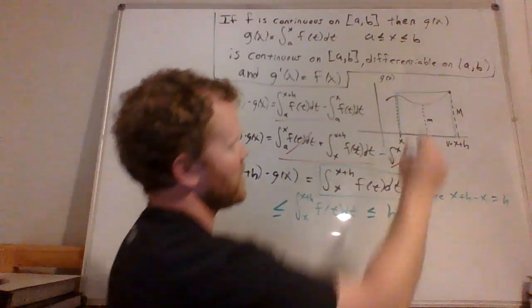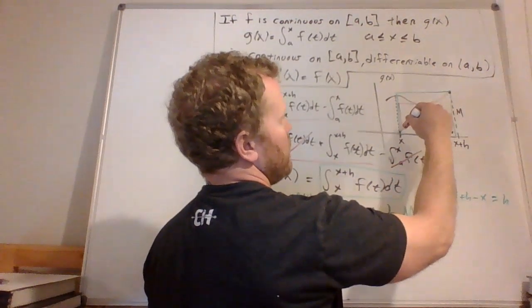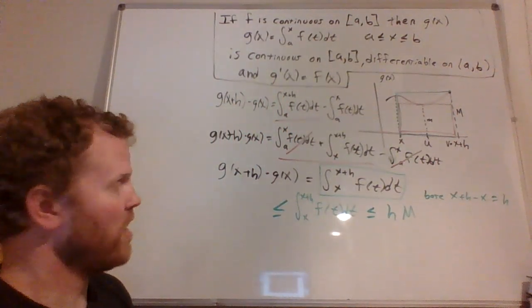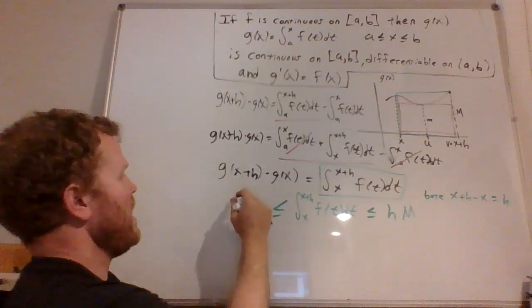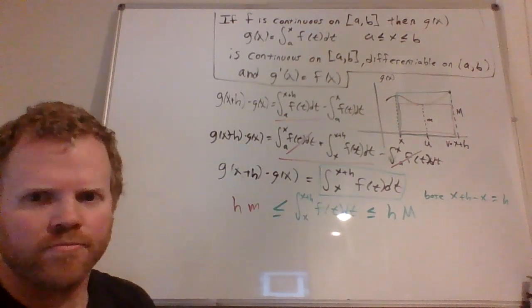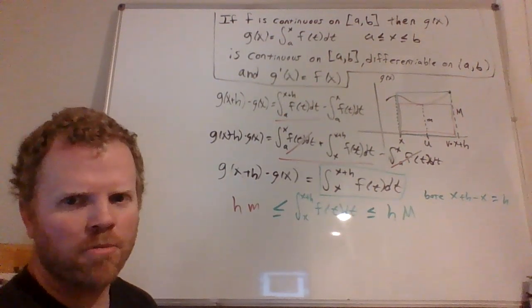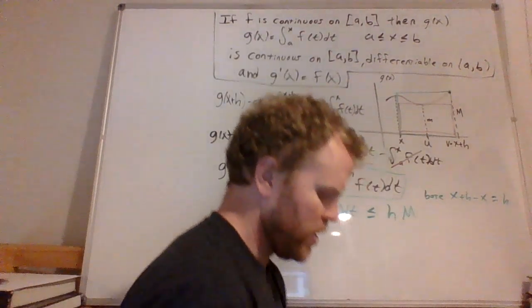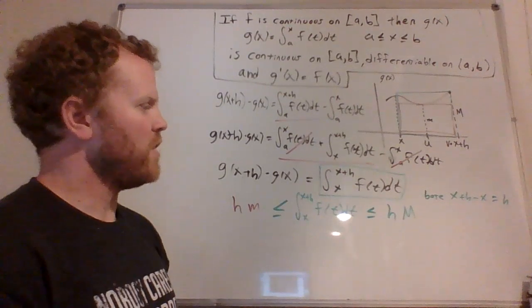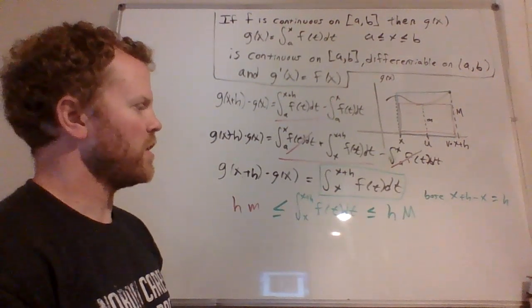I know this rectangle is going to underestimate the area under that curve. It has the same base h, and I'm calling its height little m, and now we're basically rolling. Now we have this thing jammed in between two things.